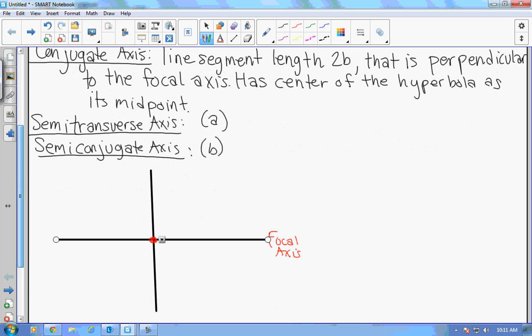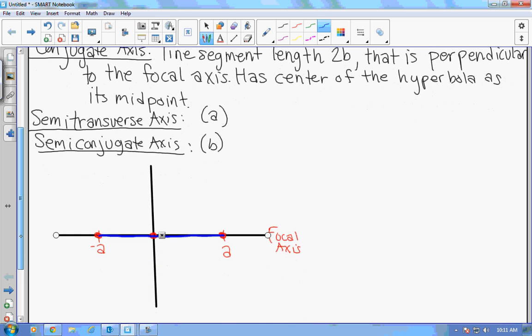So if we have a vertex out here labeled negative a and a vertex out here labeled positive a, the chord connecting those is called the transverse axis.